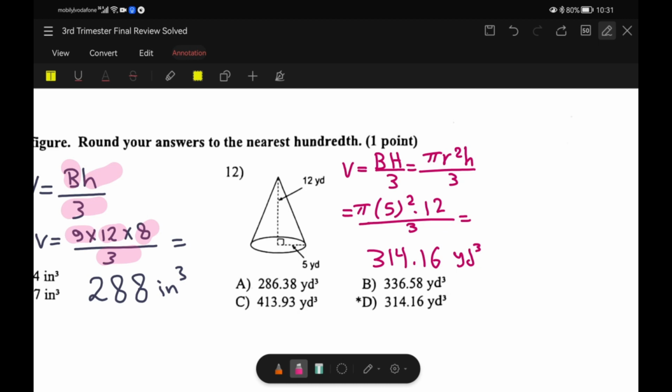So pi times r squared, which is the area of the base, times the height of the shape, which is 12, all of them over 3. Write that in your calculator. You will find the answer equals 314.16 cubic yards.